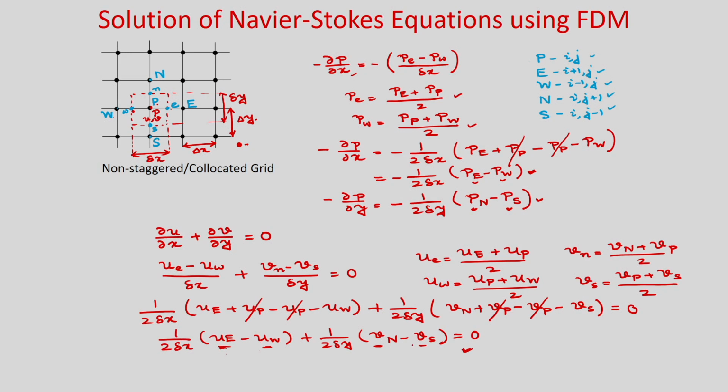This way there will be some problem in the solution, there may be some oscillatory problem in the solution, and also you can see that velocities you are taking from far away points.